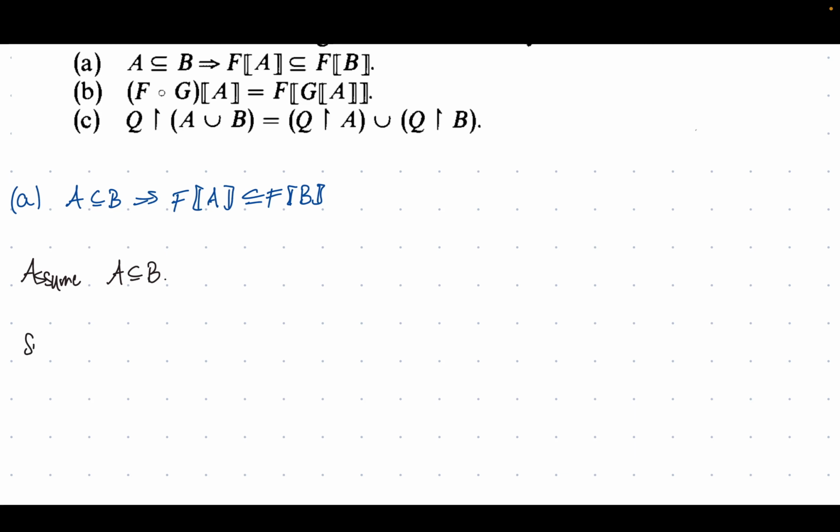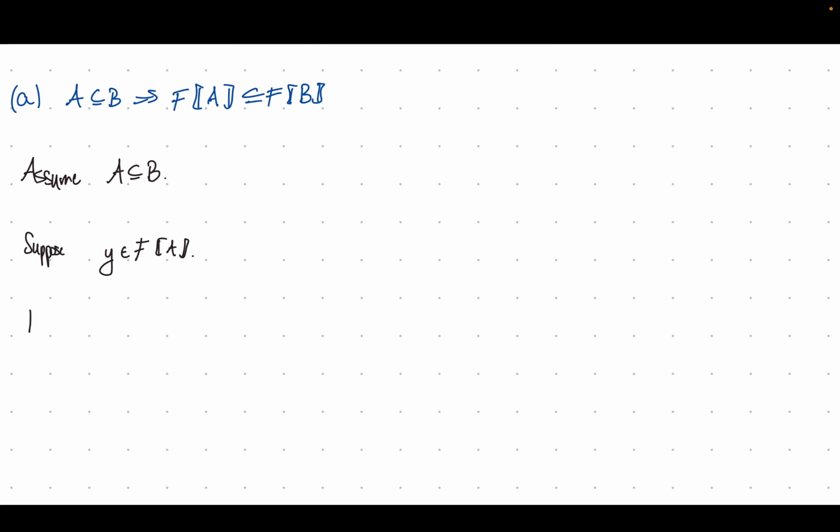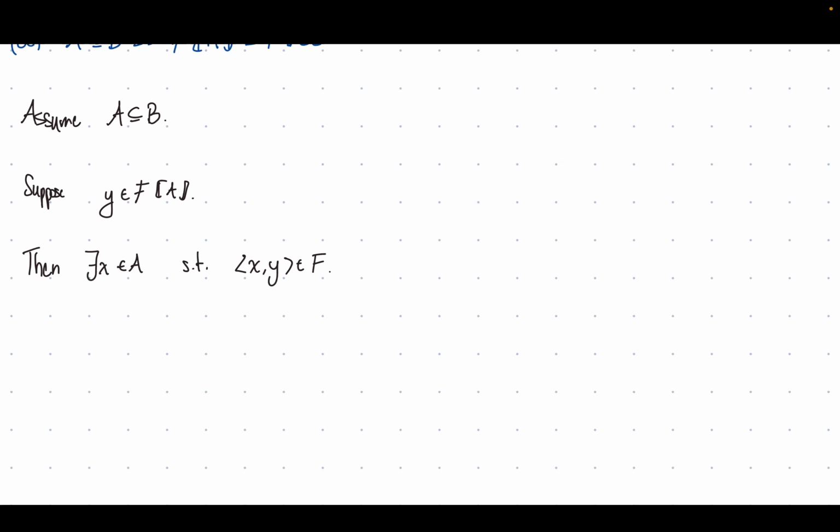And now let's suppose Y is in the image of F under A. Given the definition of the image of F under A, there must exist some X in A such that X comma Y is in F, right?